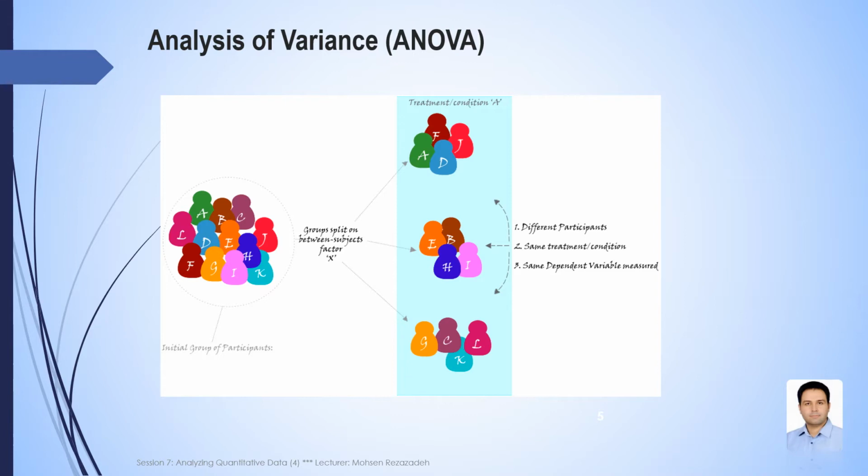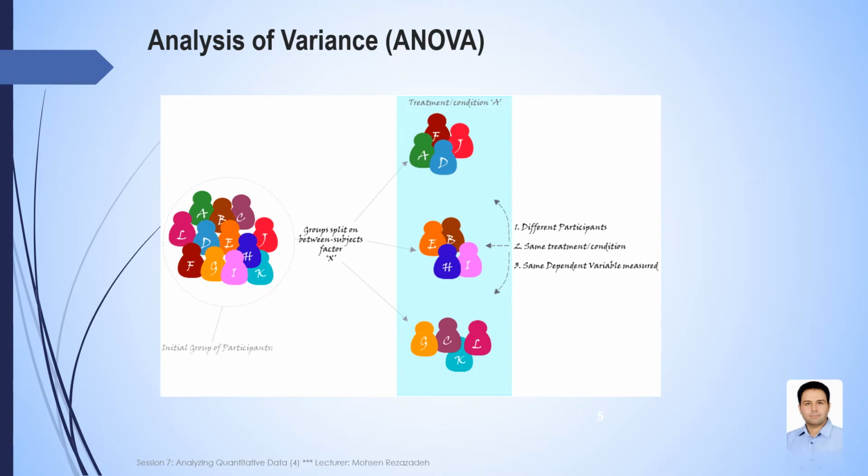Each group is then measured on the same dependent variable having undergone the same task or the same condition or none at all. For example, a researcher is interested in determining whether there are differences between the vocabulary knowledge of students in three different proficiency levels: beginner, intermediate, and advanced.